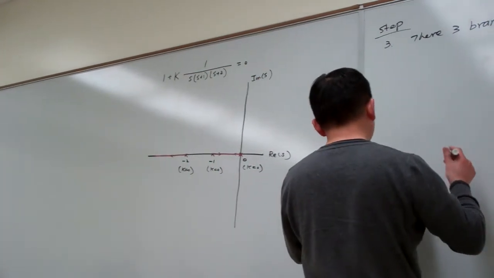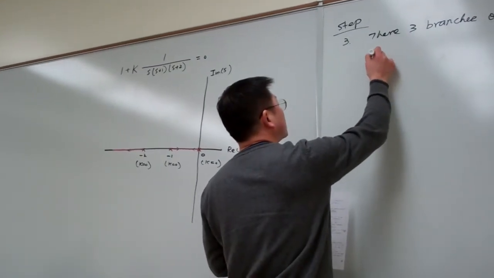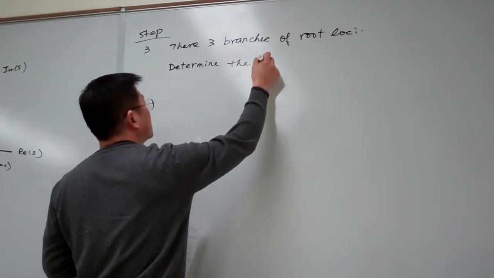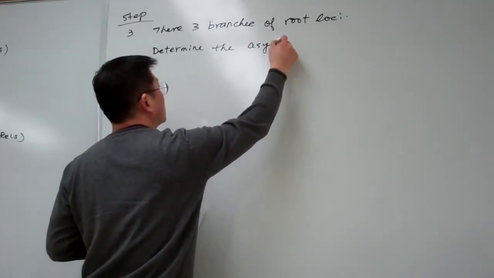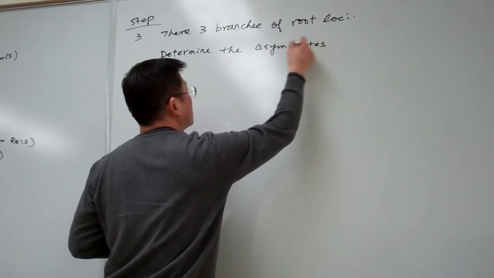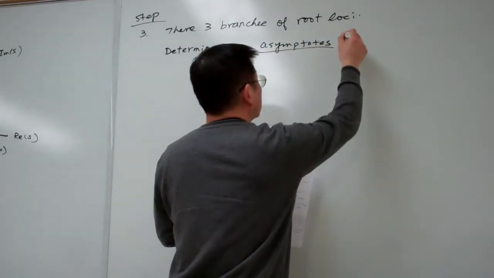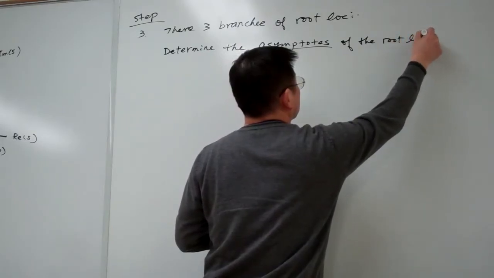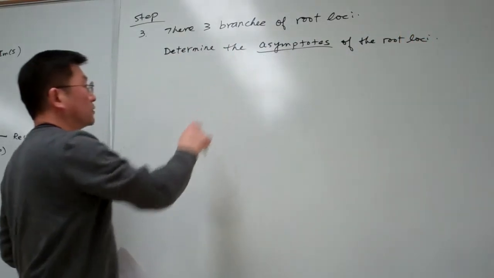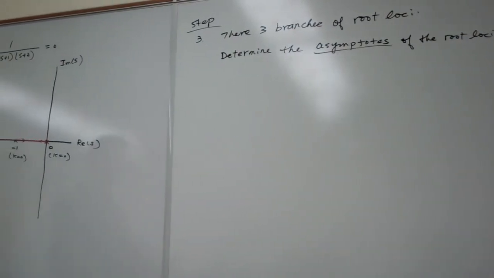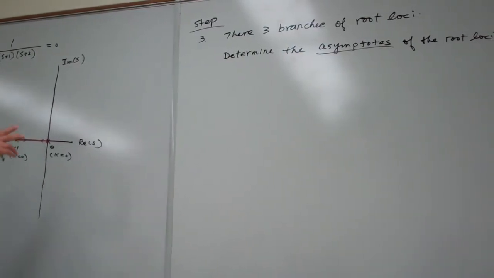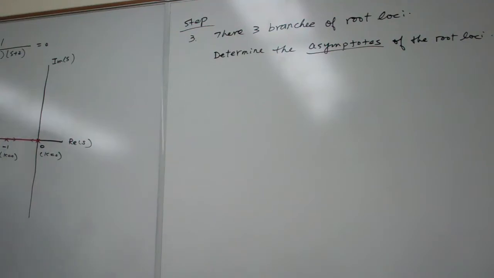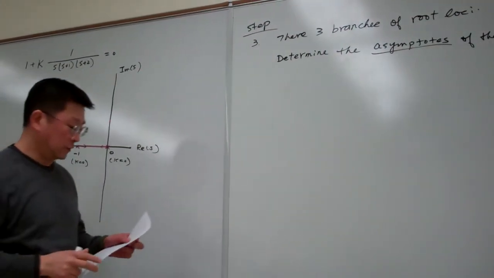So here is to determine the asymptotes. The asymptote helps us visualize how each branch of the root loci approaches the zero, which is located at infinity.